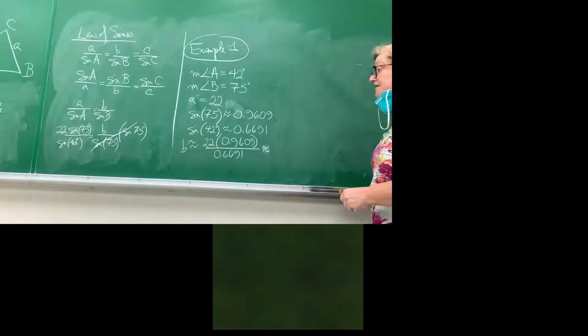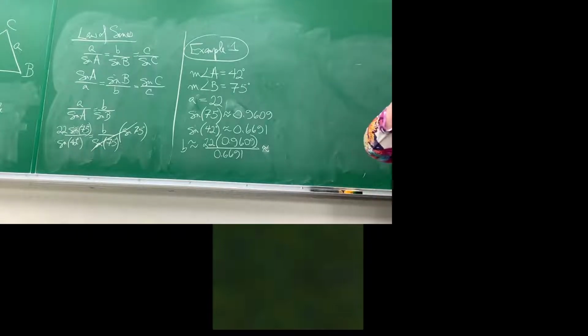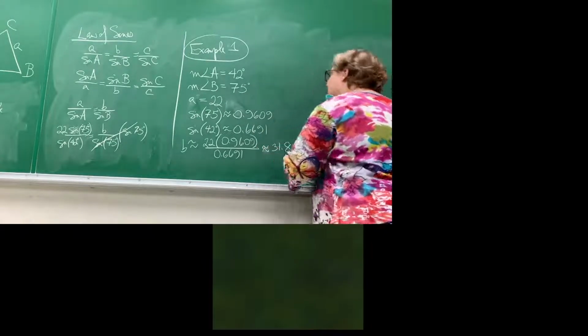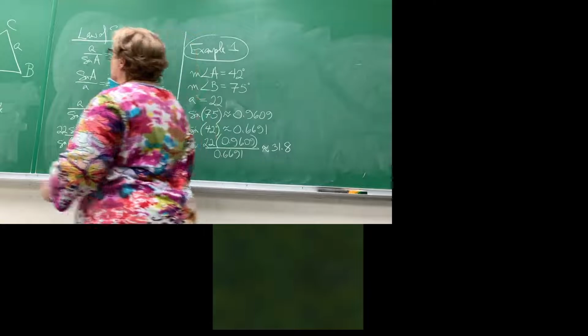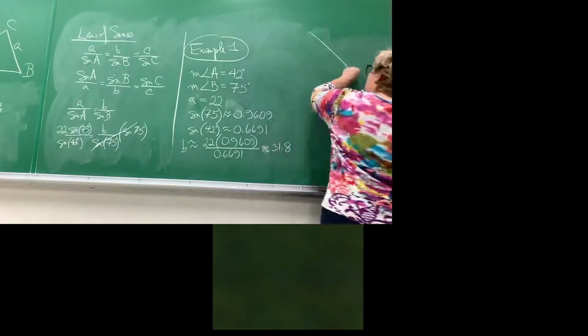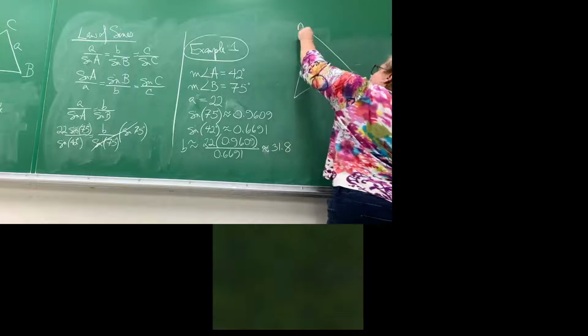And to 1 decimal place, 31.8. Excellent. Oh, we didn't even draw a triangle. Y'all should have yelled at me.